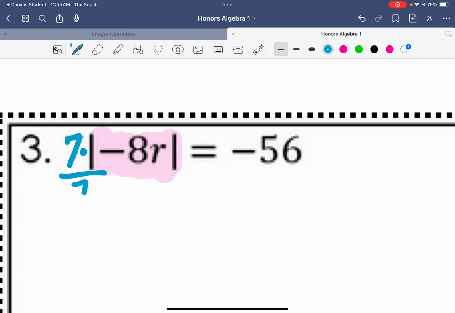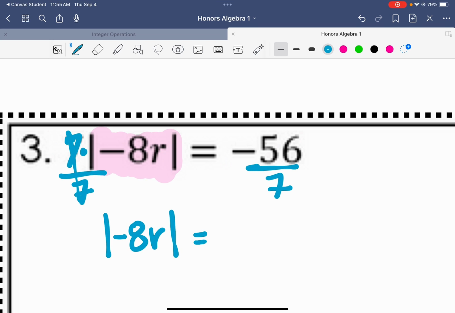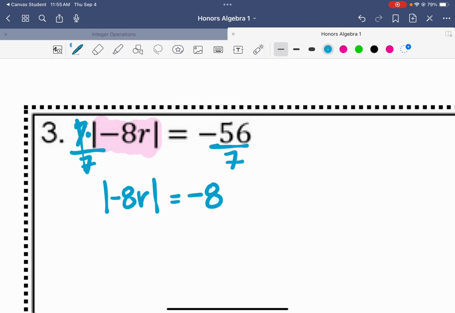You undo multiply by dividing. So I'm going to divide on both sides. Now I have the absolute value of negative 8r is equal to negative 56 divided by 7, which is negative 8. And I can look at this right now, and I already know that there is no solution. This one has no solution.